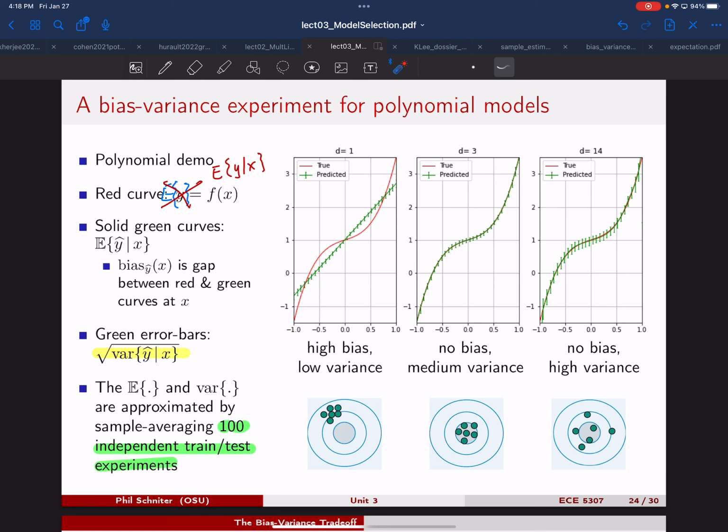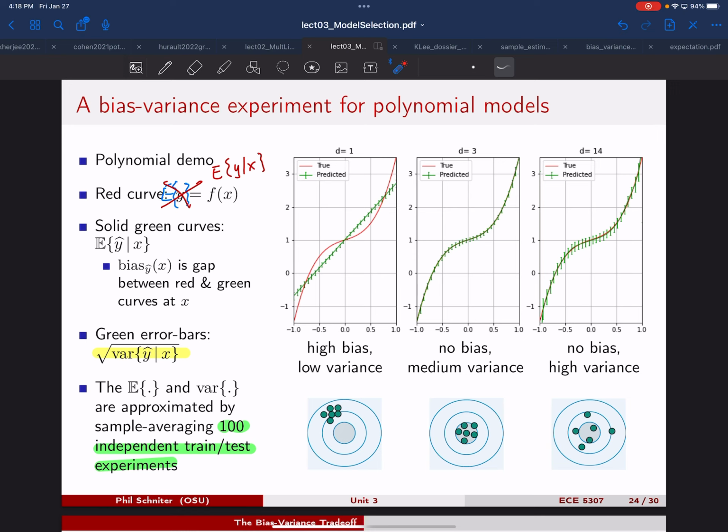So that's the true thing. Remember, though, that the data is not expected value of y given x, it's y given x. And when you look at the data, it's a whole bunch of points that are around the cubic, but not exactly at the cubic. So this is what we're shooting for. If our predictor was designed perfectly, it would be that cubic function, right?